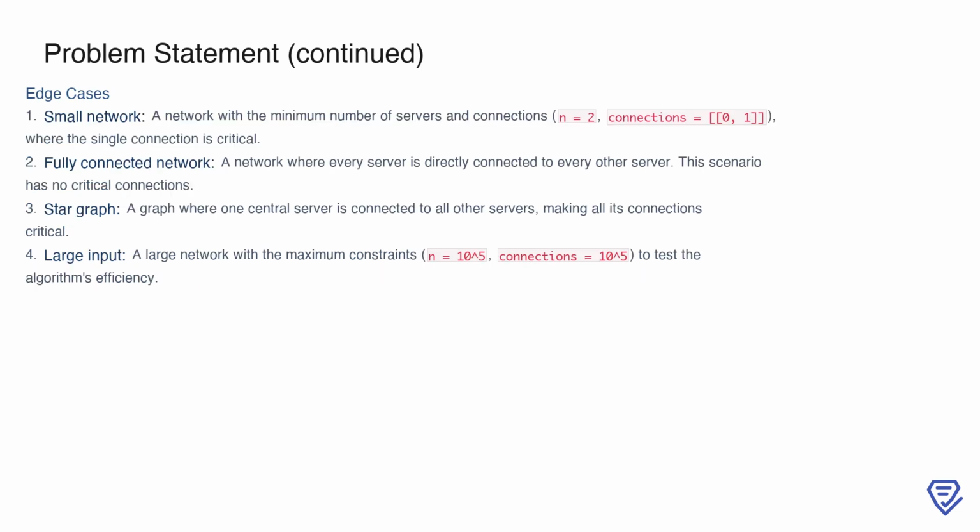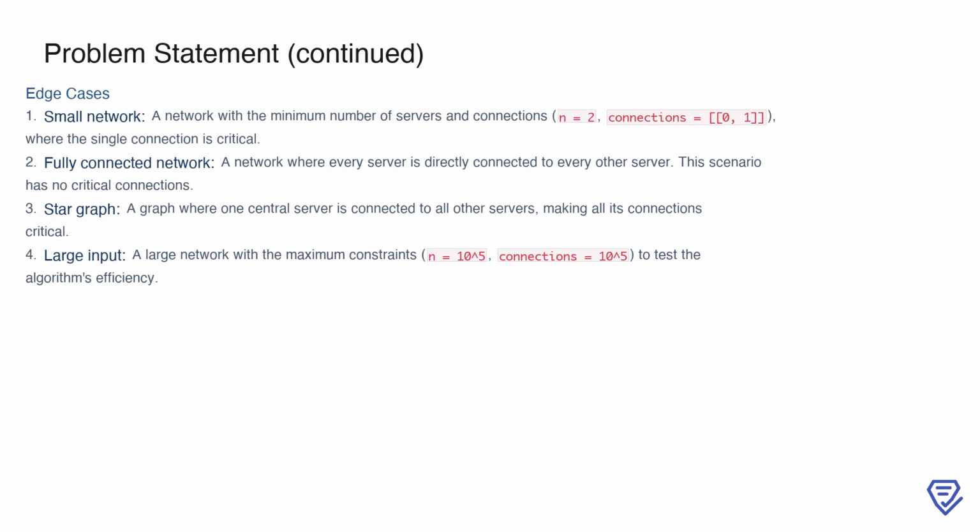Finally, let's consider some edge cases to better understand the constraints and behavior of the problem. In a small network with just 2 servers, such as n equals 2 and connections equals [[0,1]], the single connection is always critical. In a fully connected network, where every server is directly connected to every other server, there are no critical connections because removing any one link still leaves other paths available.